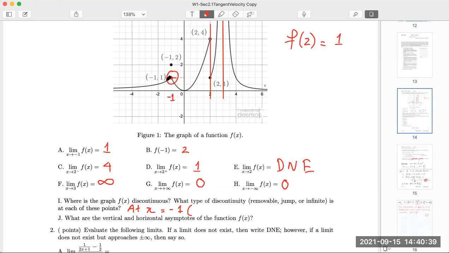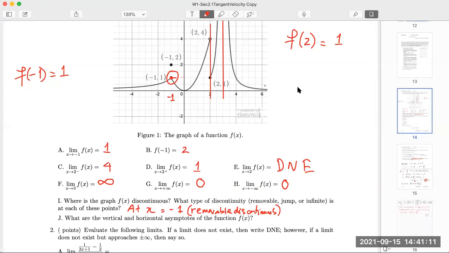We can remove it by defining the function value. If we define f of -1 equal to 1, then this function is continuous. In the exams, you can simply say at x equal to this, it is removable. It's fine.